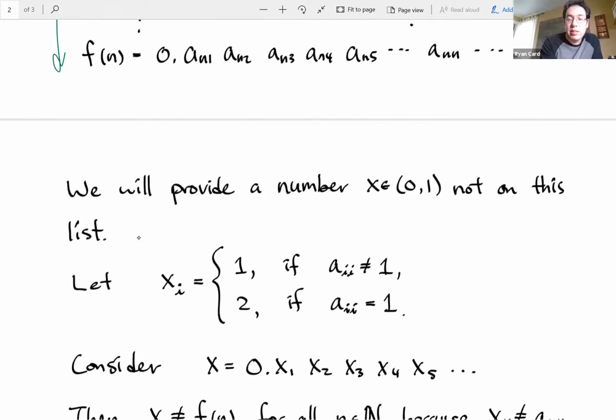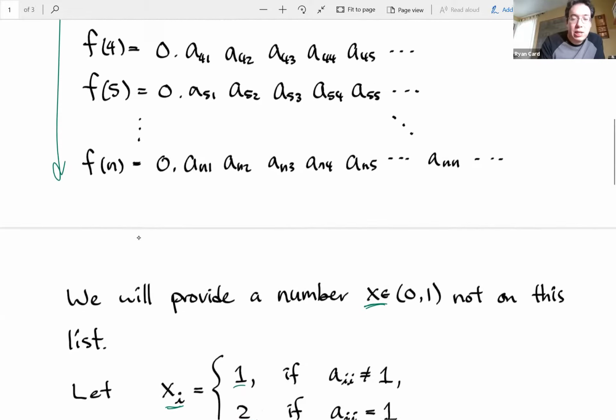We're going to come up with this number X, and the decimal expansion is only going to have 1 or 2 as a digit. I could use all the digits between 0 through 9 in this decimal expansion, but I'm only going to use 2 digits. And the rule is simple.